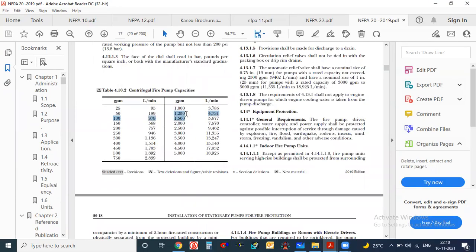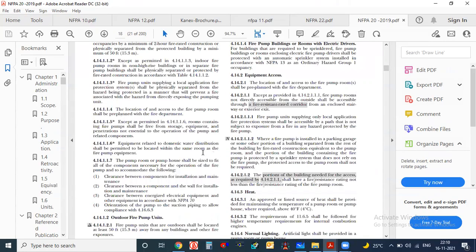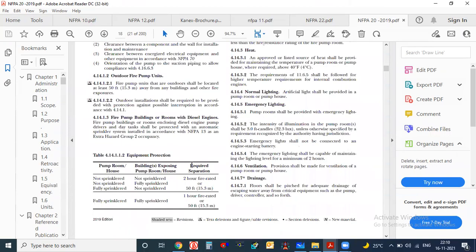NFPA 14 has given clearly that this is the maximum range which can be followed. If you check NFPA 14, you will find one document where it is written you can use maximum 1250 GPM only if the building is sprinklered and a hydrant system is connected to it. If you are going with only sprinkler, then 1000 GPM is the maximum which we can go with. This point is given in NFPA 13 and 14.